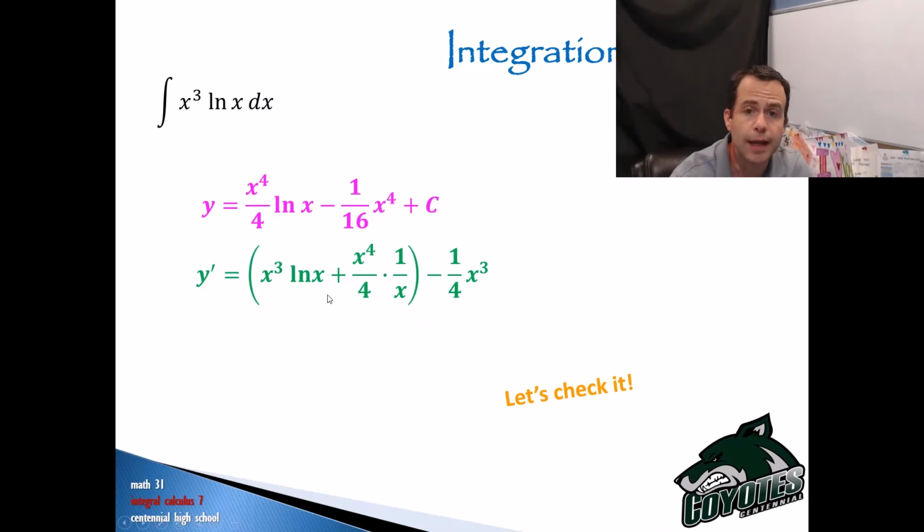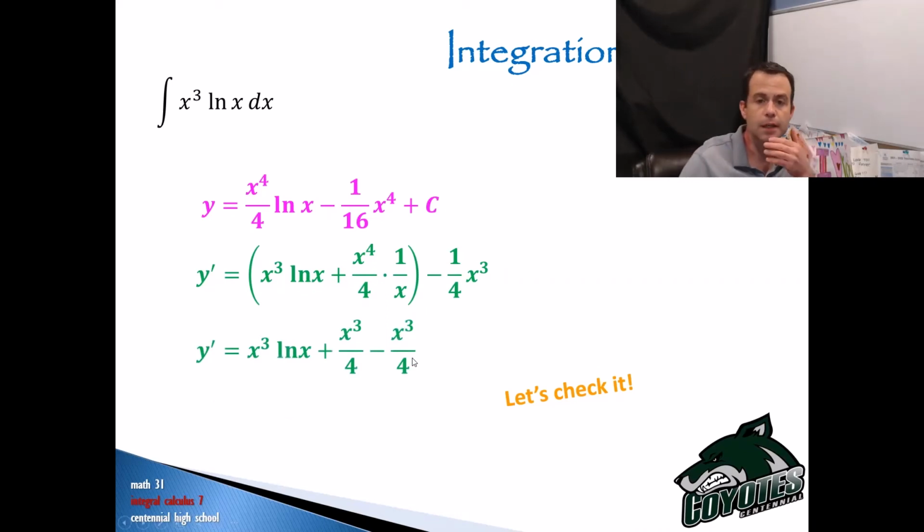And then this one, the 4 comes to the front, 4 over 16 would be 1 over 4, x cubed. Okay, so now when I go to clean this up, x to the 4 over x would give me x to the 3. So that would give me x to the 3 over 4. Then I see x to the 3 over 4 minus x to the 3 over 4 is nothing, and I'm left with x cubed ln x.